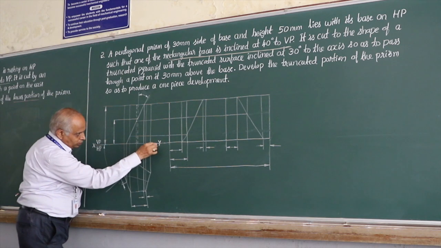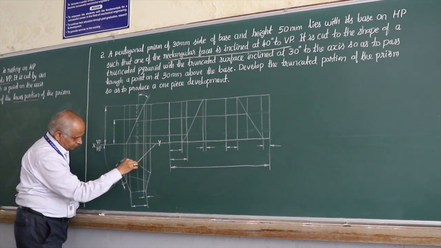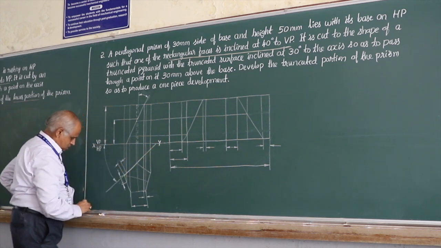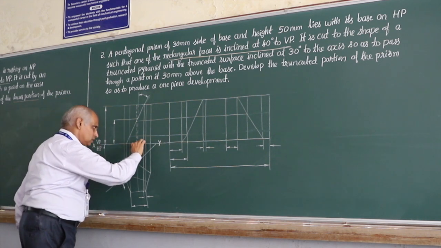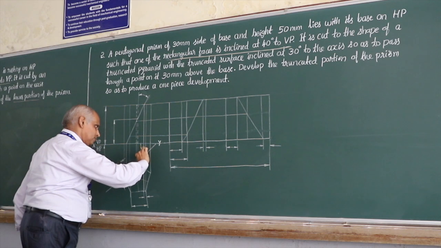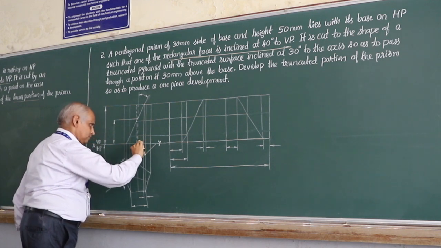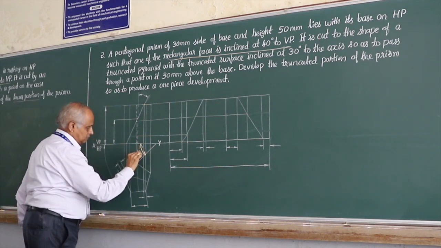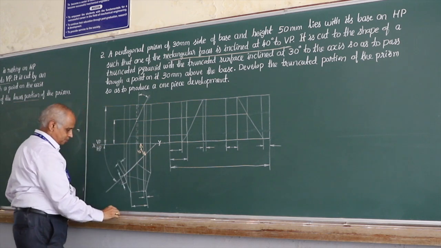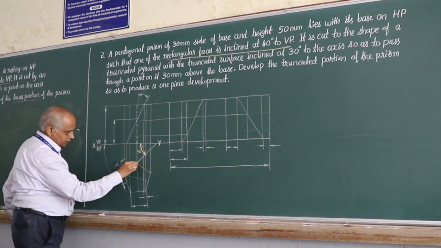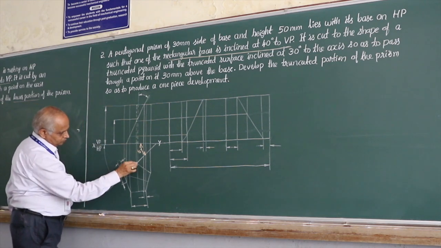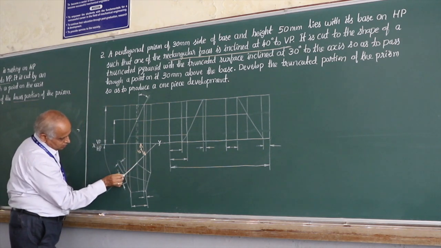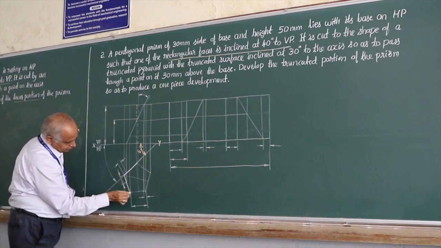VP. So draw this 40 degree line, mark the required angle of 40 degree, take the size of the pentagon as 30 mm, complete this pentagon.